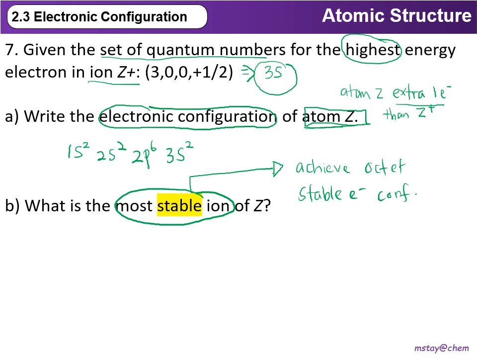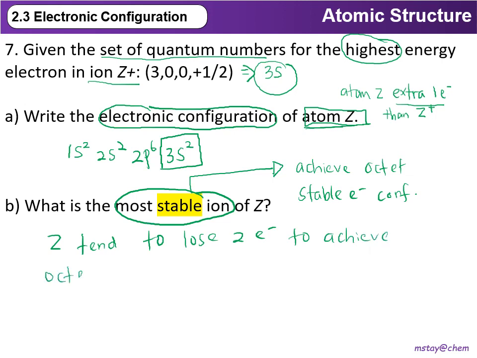In this case, removing the electrons from 3s will be easier than gaining electrons to achieve an octet stable electron arrangement. So Z tends to lose 2 electrons to achieve an octet stable electron configuration. Due to Z losing 2 electrons, the symbol of the ion will become Z2 plus.